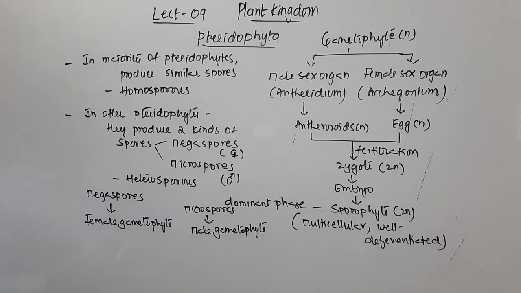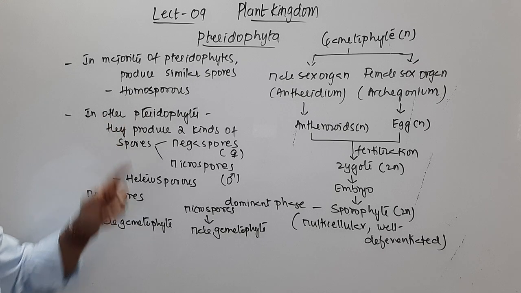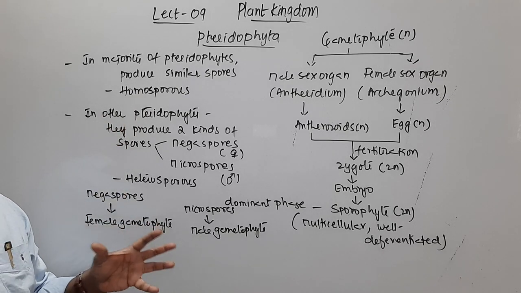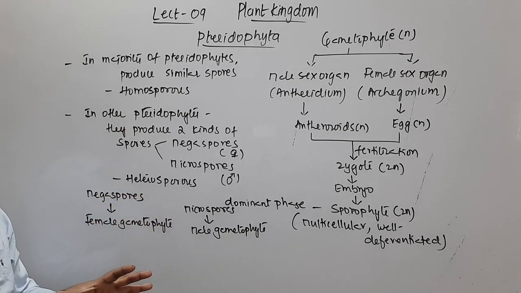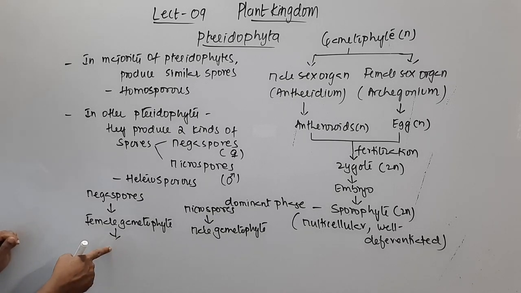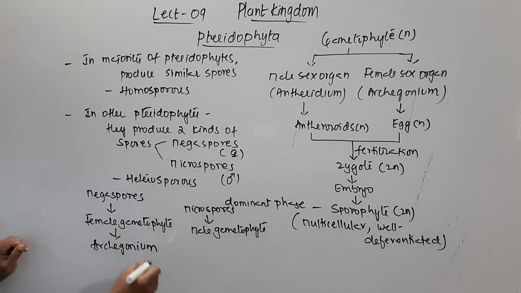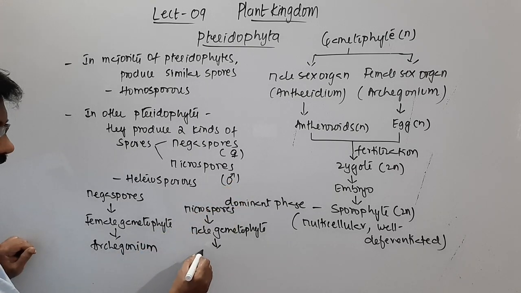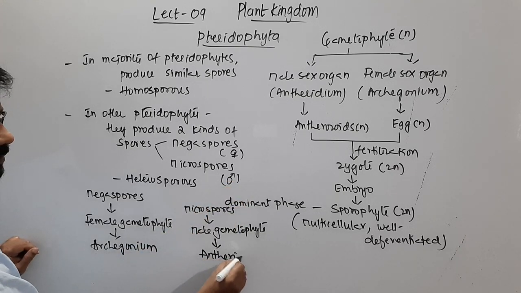Of course if it is homosporous, then it will produce only one gametophyte that will have both male and female sex organs. The female gametophyte will have the female sex organ, the archegonium, and the male gametophyte will have the antheridium.